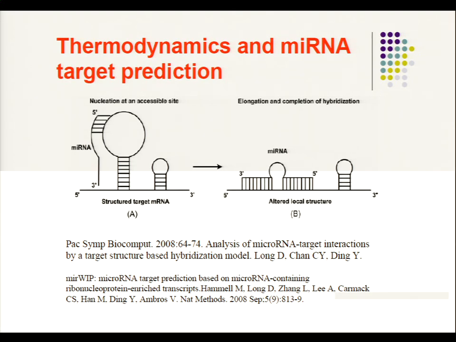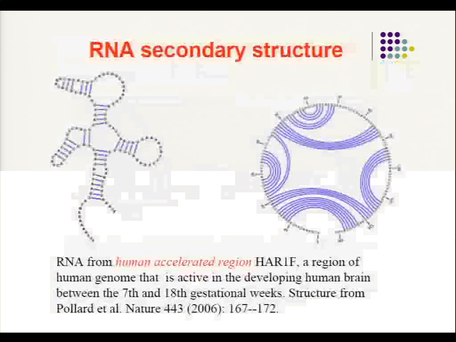They are predicted by software that depends on the hybridization energy of the microRNA to the target messenger RNA. For instance, a paper from the lab uses a dynamic model.